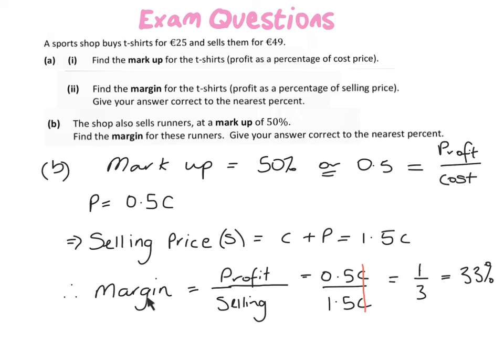So the margin then we know is profit over selling price. Well, the profit is 0.5 times the cost, and the selling price is the cost plus the profit. The C's cancel, okay, and then when you divide that into your calculator, you get 1/3, and 1/3 as a percentage is 33% to the nearest whole percentage.